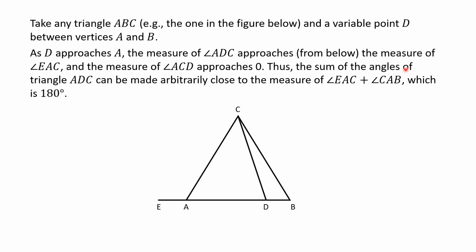Thus, the sum of the angles of the triangle ADC can be made arbitrarily close to the measure of EAC, that's this angle here getting closer to this, plus CAB, which we're not altering, and these two together equal 180. So we can get as close as we want to 180 degrees for the sum of the angles in the triangle ADC. Okay, so that's our proof.